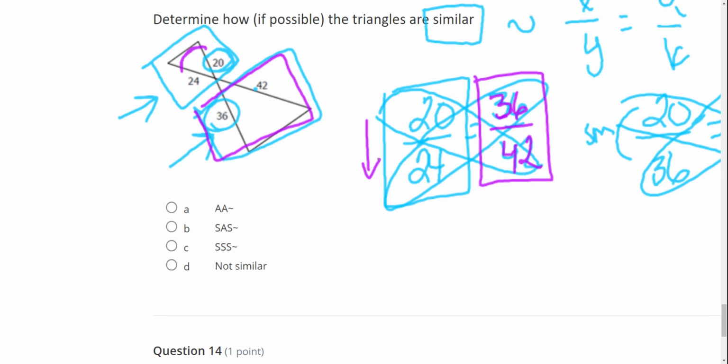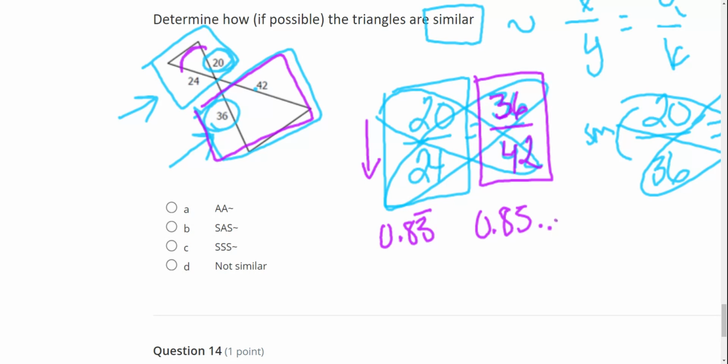What is 20 divided by 24? It's 0.83 repeating. And what's 36 divided by 42? And then a bunch of other numbers.